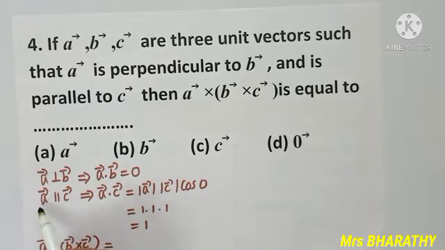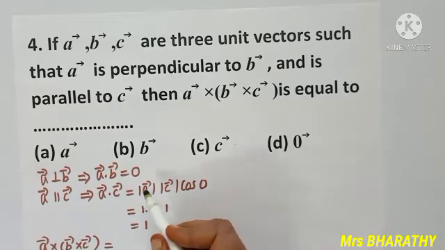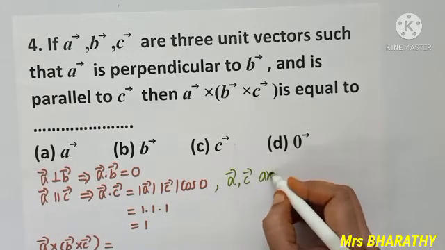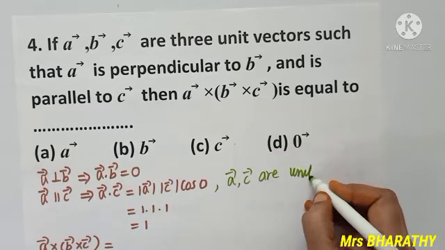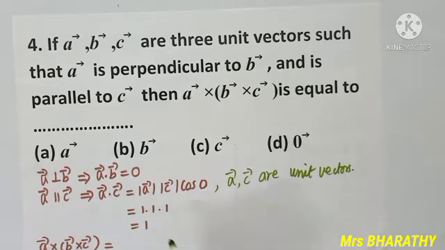Whenever the vectors are parallel, angle between them is 0. Cos 0 is 1. Mod A, mod C are 1 because A and C are unit vectors. So whenever you have unit vectors, we declare the modulus to be 1. So mod A, mod C, cos 0 gives us 1 into 1 into 1, that is 1.